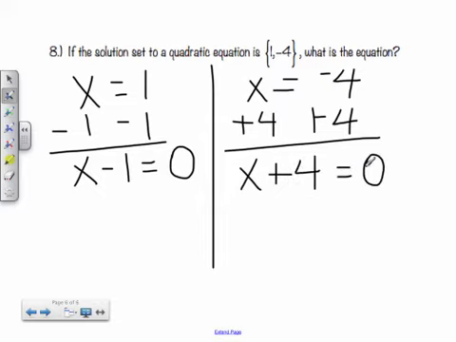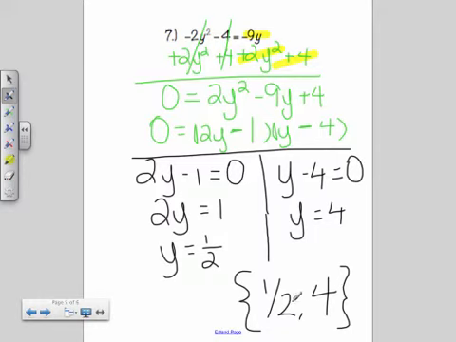So let's look back at this previous example. Here's my answer. Here are my solutions written out as y set equal to the numbers. Then here, if I had subtracted 4 from both sides, this is how I get this y minus 4. Here, if I multiply both sides by 2, this is how I get 2y equals 1. And then if I subtract 1 from both sides, that's how I get 2y minus 1 equals 0.